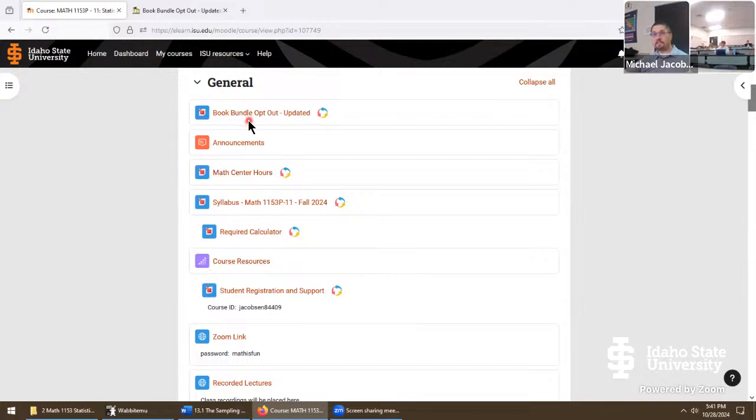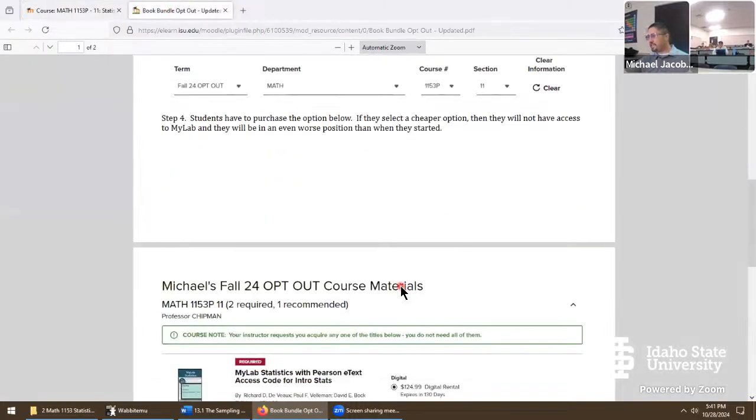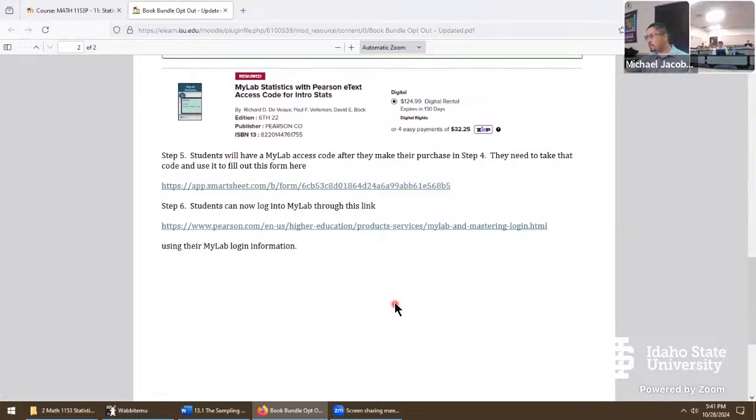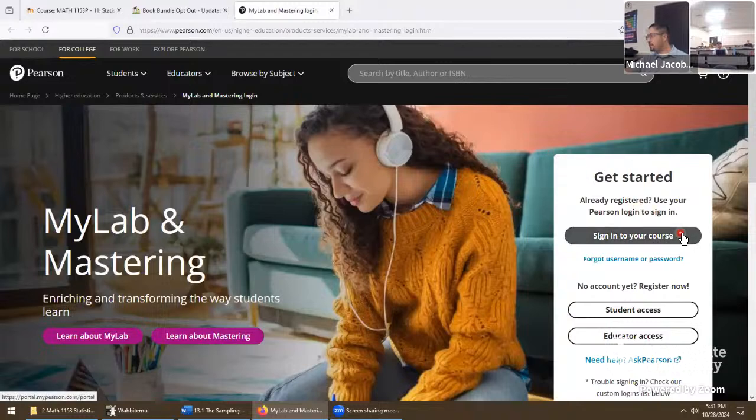So another thing on this document here, in case this link becomes broken or just doesn't work like you mentioned. It used to say just buy now. Yeah, that doesn't convert to launch courseware. You mentioned logging to the Pearson website, and I believe that's this one right here in step 6. So once you get access going, you can also just go right here, use your same login information to sign in directly through their website in this kind of way.